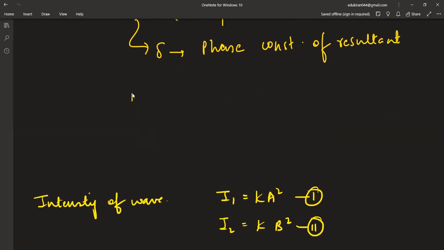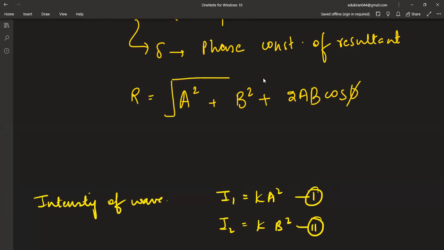Whenever you have to calculate the resultant amplitude of the wave, take the amplitude of the first wave, square it. Take the amplitude of the second wave, square it. Plus 2ab cos φ, all under root.